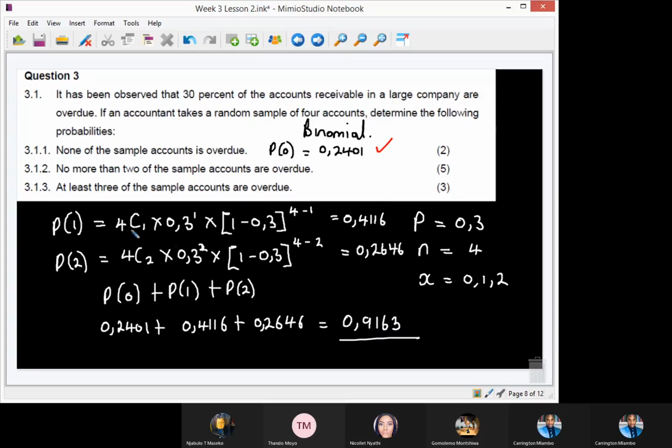No questions. Now it says at least 3. How do you do that? At least 3 accounts are overdue. Okay, let me cut this one, put it here so that we can use it later.